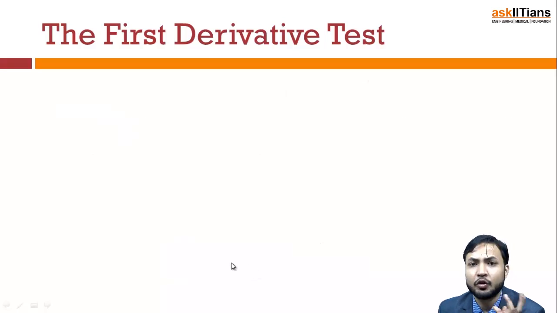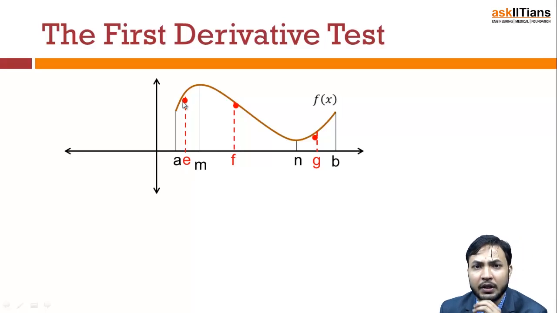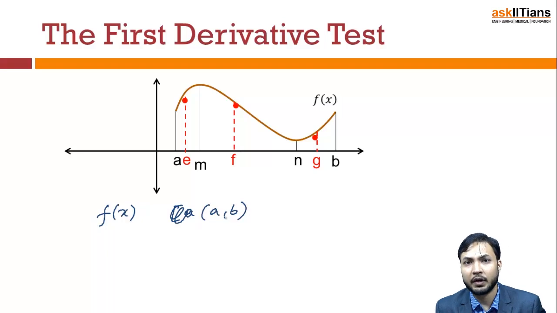Now let's come to this part again with the same function that we used, the graph of it. Now what are the points that it said? First of all, f(x) during a particular open interval (a, b).